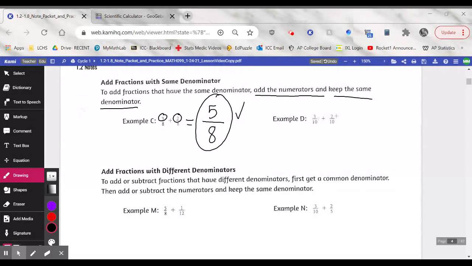Example D. The denominators match, so I am going to add the numerators. So if I add 3 and 2, I get 5 and keep the denominator as 10. Now 5/10 can be simplified because both of the numbers 5 and 10 have 5 go into it evenly.